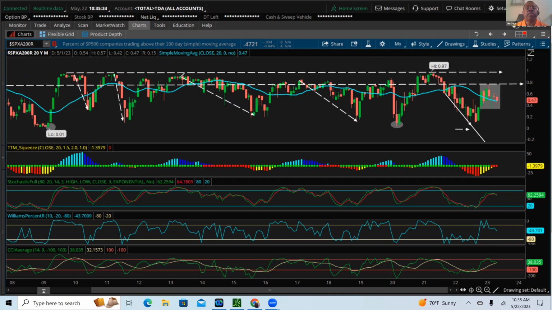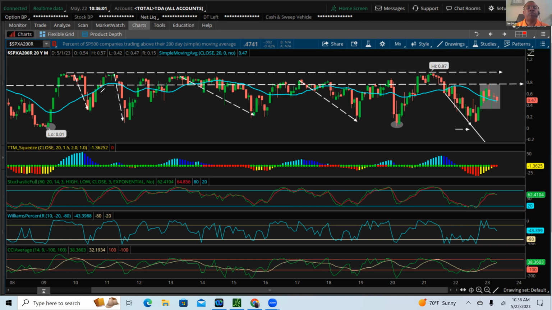It normally finds a way to shift again. Right here in 2011, when we gapped down, bulls pushed it back up, got to that 76%, and came right back down. So that 76% is a key level to pay close attention to, where we can see some type of overall market shift possibility.